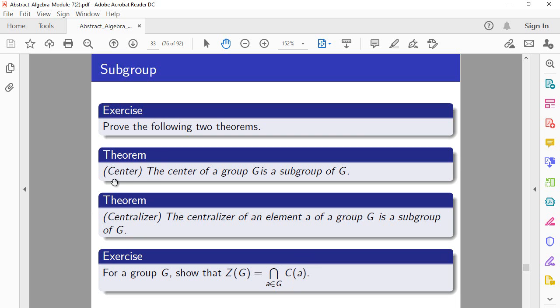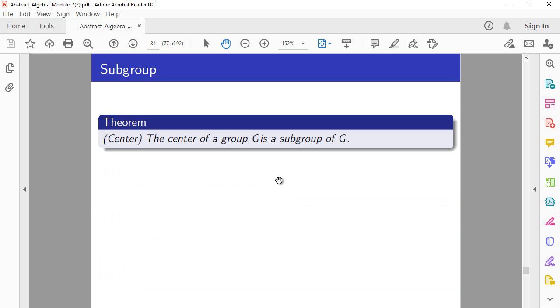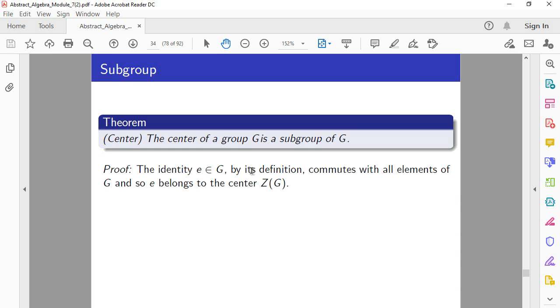I'm going to go ahead and prove the theorem here that the center of a group G is a subgroup of G. So let's do that. The center of a group G is a subgroup of G. First of all, the identity belongs to Z(G).